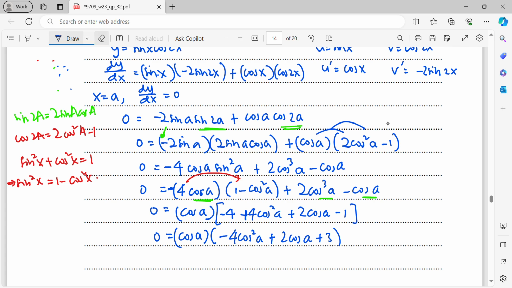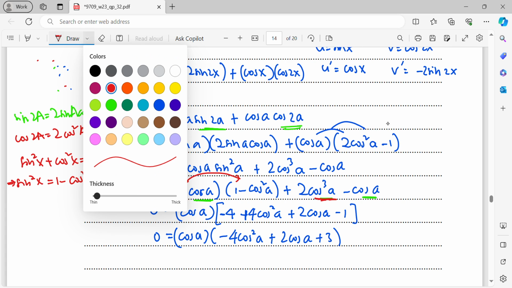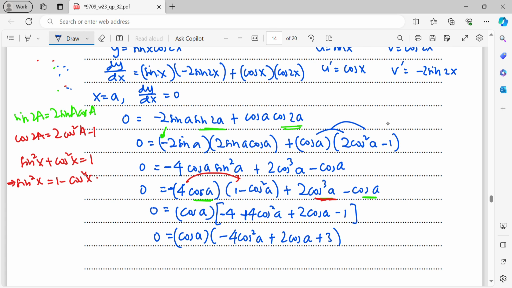Okay, and one more is here. This I have taken out degree 1, that means the 2 cos a should be degree 2. Okay, so careless mistake.